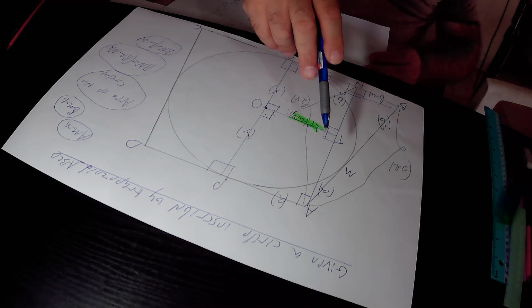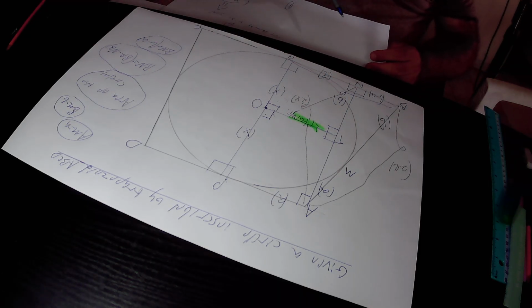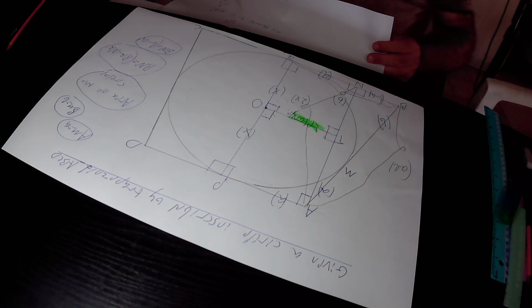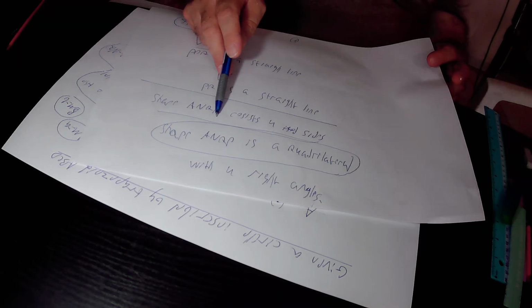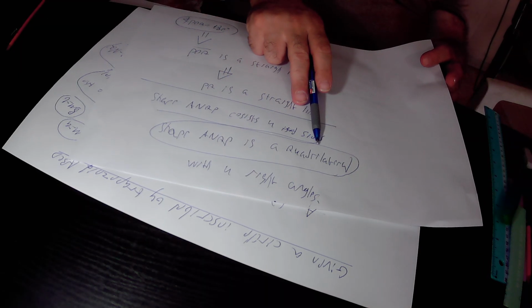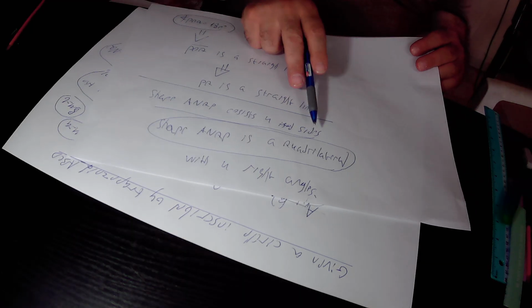So in total, in shape APQN, we have 4 sides, and therefore shape APQN is a quadrilateral.